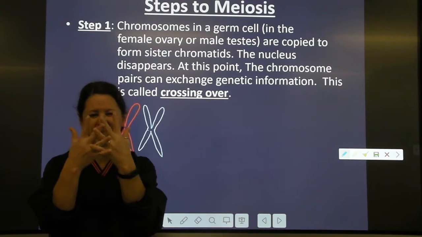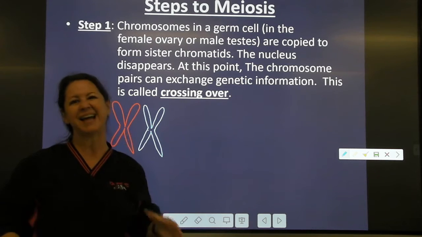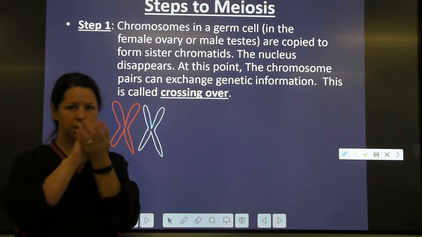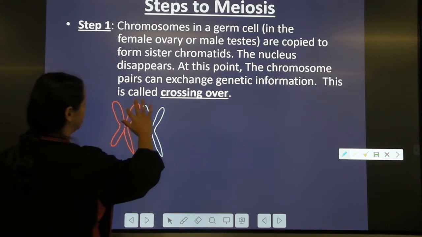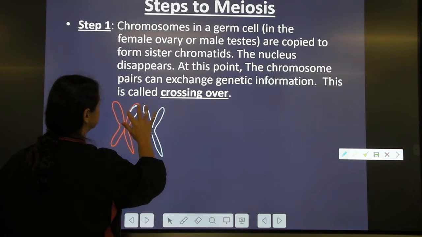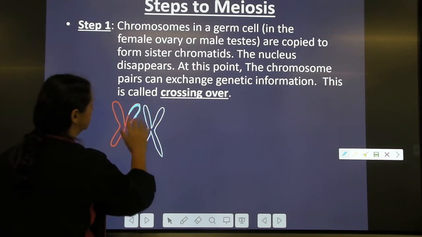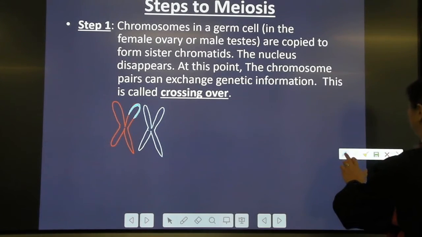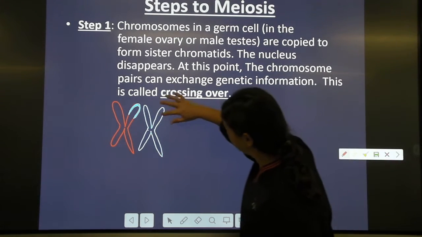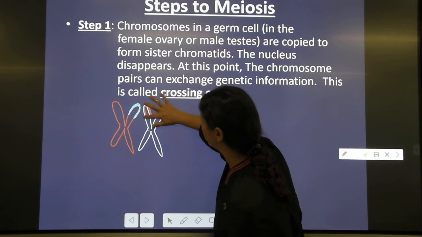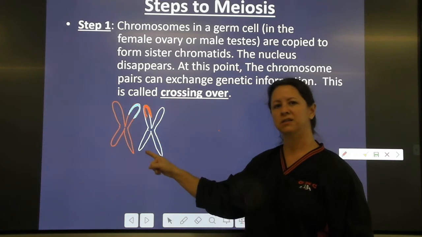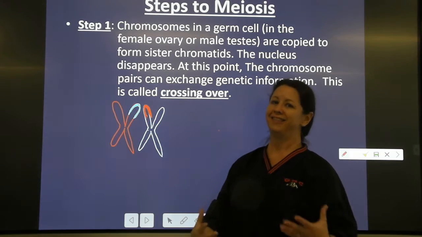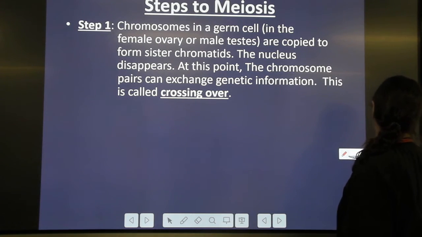And they kind of twist and pile up and they're all tight. It's not nice and neat inside the cell. These things are all jumbled. And so what can happen is these twist up, and when they twist up, parts of them can swap over. So a little bit of one can move over to the other and they'll swap parts. So the end of this chromosome suddenly gets stuck on this one and vice versa. That's what crossing over is.